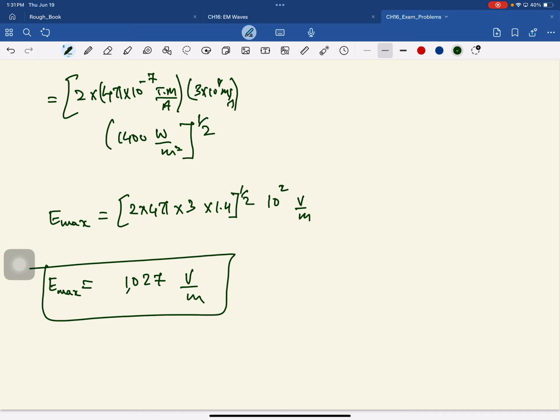That's the electric field in the sunlight in space, close to the Earth.